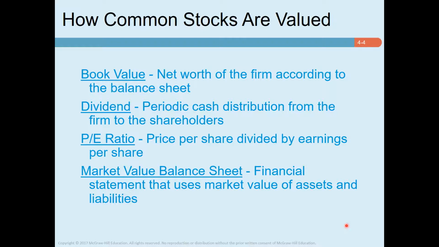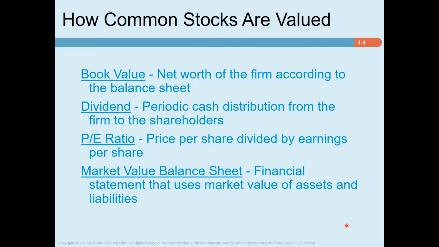Dividend, on the other hand, is the part of the profit that is distributed to shareholders, and the part of the profit that is retained with the firm is known as retained earnings. Price earning ratio is probably the most commonly used indicator by investors on whether they should invest in a stock or not.